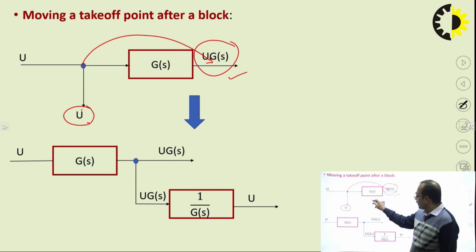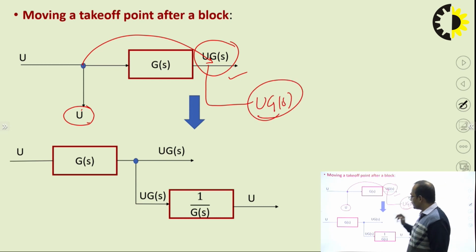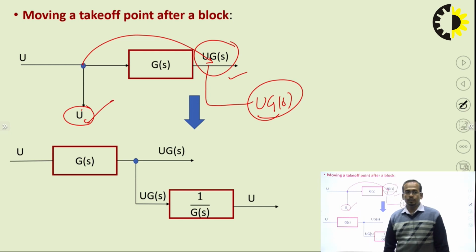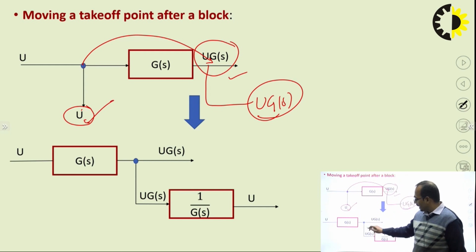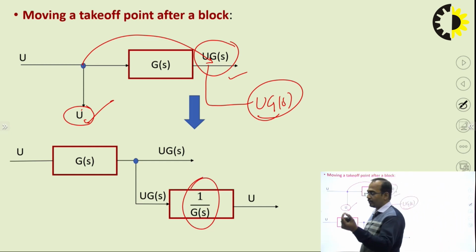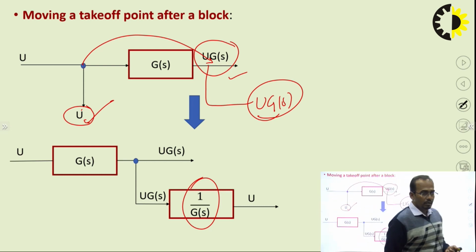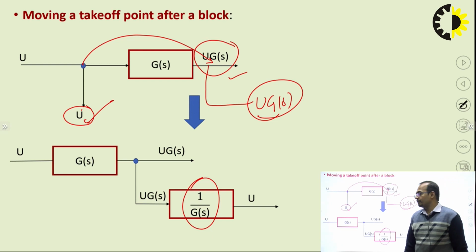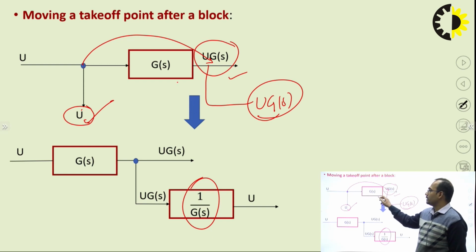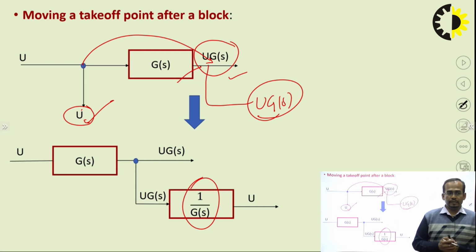If I move this takeoff point here, then the output of the takeoff point will become U into GS, but this is not desired. Desired is U. So what we have to do is multiply it by the inverse of the gain of the block, or you can say divide by the gain of the block after which you want to move the takeoff point.